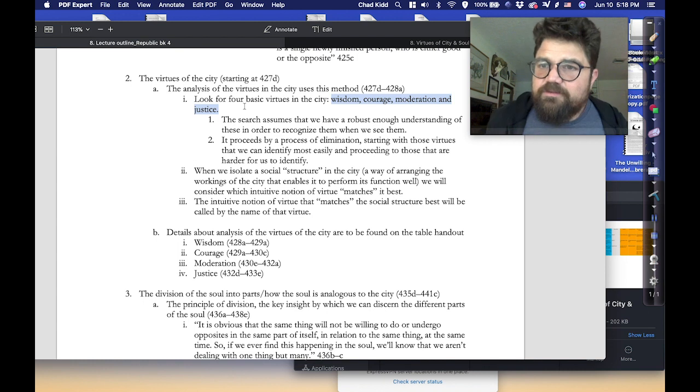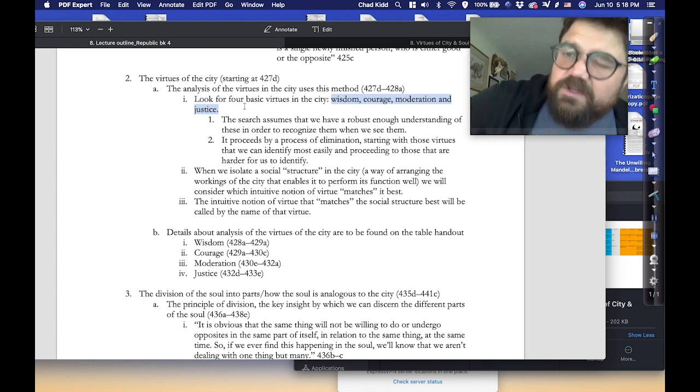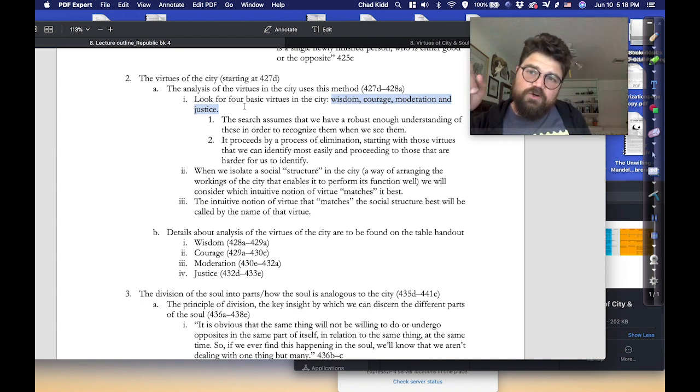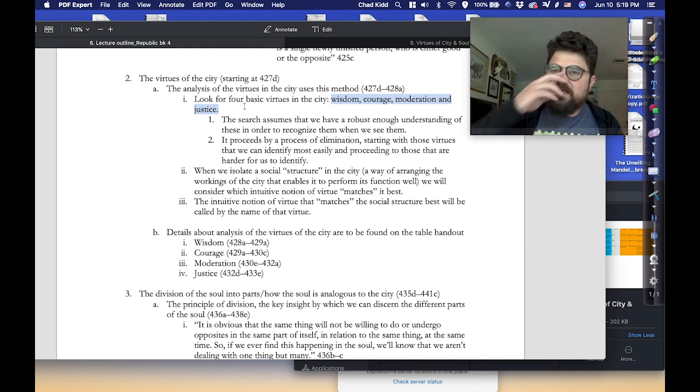For the city to have a virtue, think about it, is for the city to be arranged in a certain way. And the city can be arranged in a certain way without individual souls in that city being arranged in that same way. So that means it's possible for a city to be wise without each and every citizen in the city being wise. Okay, so that's something important to keep in mind right up front.